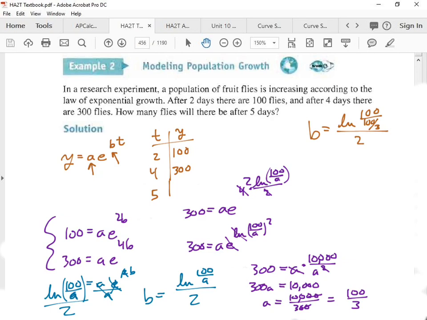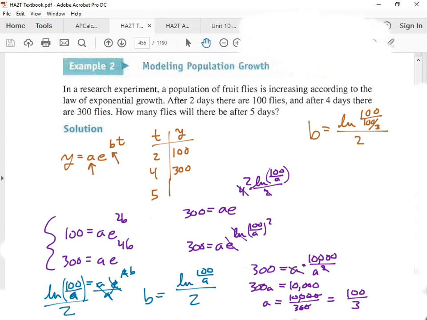Whenever we have fractions inside of fractions, some of us always go brain dead here. So 100 divided by 100 over 3 is the same as 100 times 3 over 100, which would have the hundreds cancel out, and you're left with 3. So all this junk right in here just equals 3. So B equals natural log of 3 divided by 2.